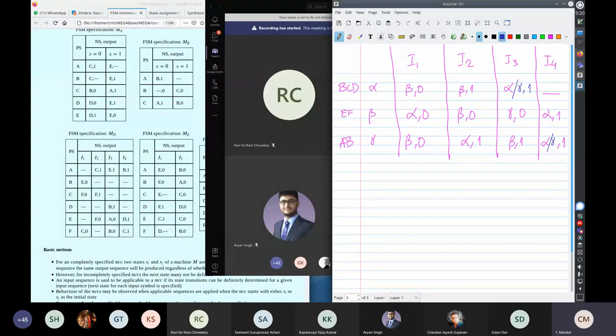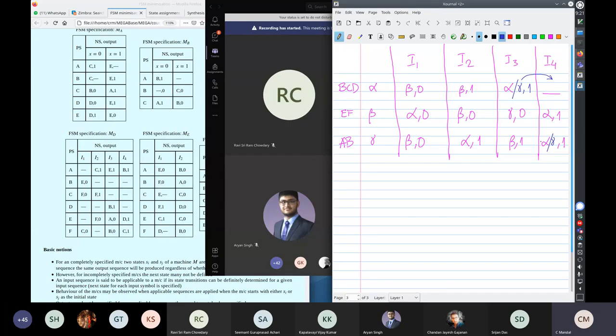So this one could be made the same as this, whatever you choose here. So it could be just a duplicate. That might lead to a less expensive machine. Whatever choice you put here, put the same choice here.